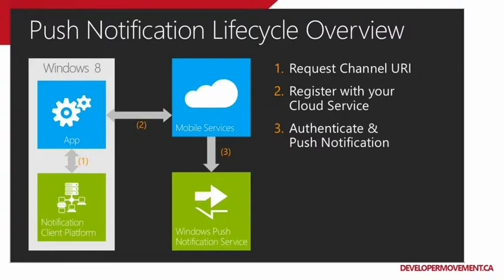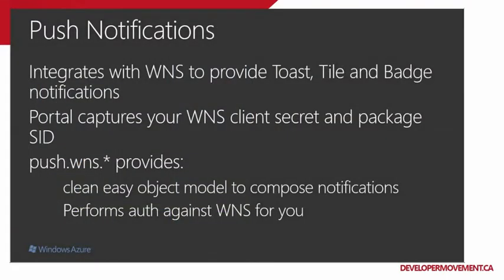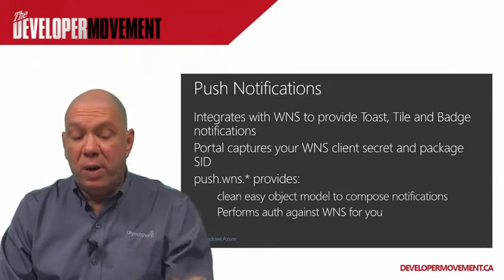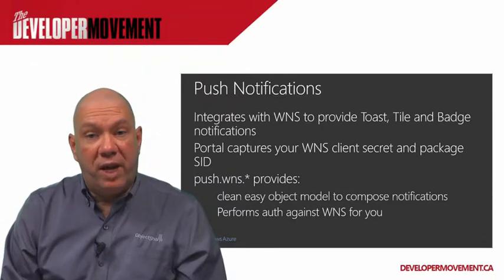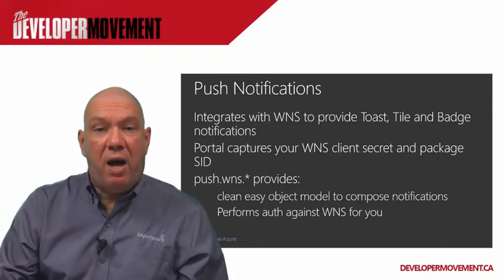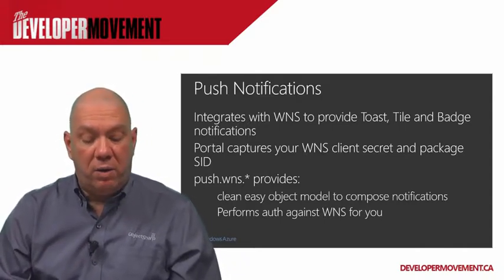So once I've authenticated, my mobile service sends a message to the Windows push notification service, which goes to the notification client platform, which pops up the toast, right? And so here's my integration. It integrates with WNS, Windows Notification Service, to provide the toast or tile or badge notifications that are out there.